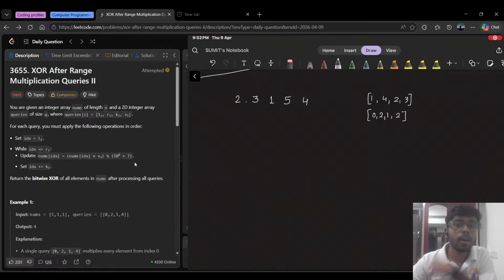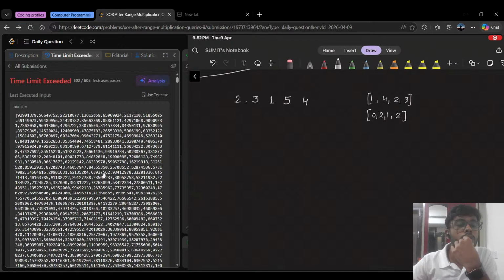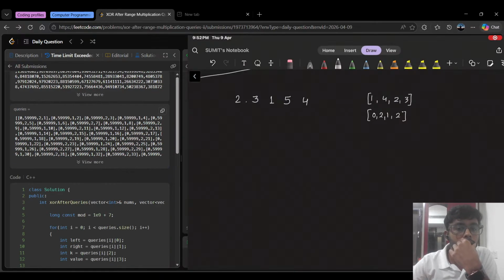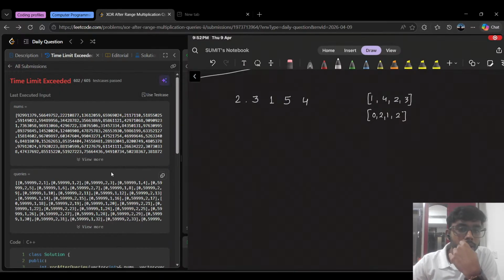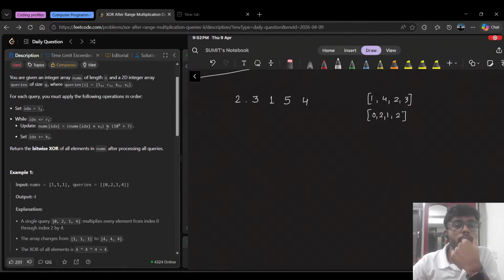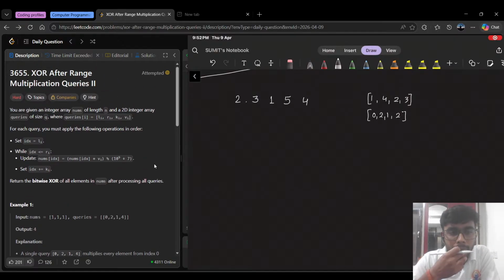So this brute force has given us the time limit exceeded. So we need to think of a more optimized solution. As yesterday I was talking about offline range queries, but here the problem is that the index is variable, the range is not fixed.